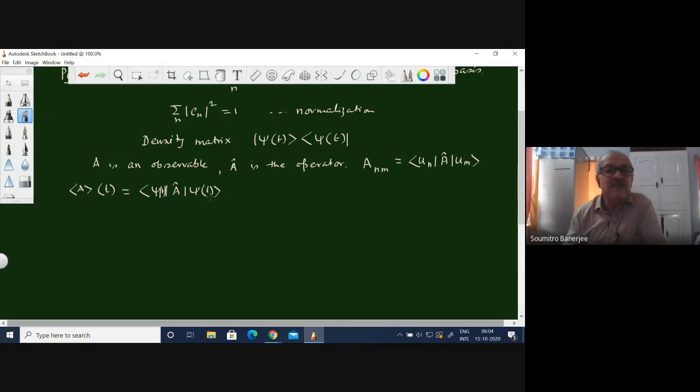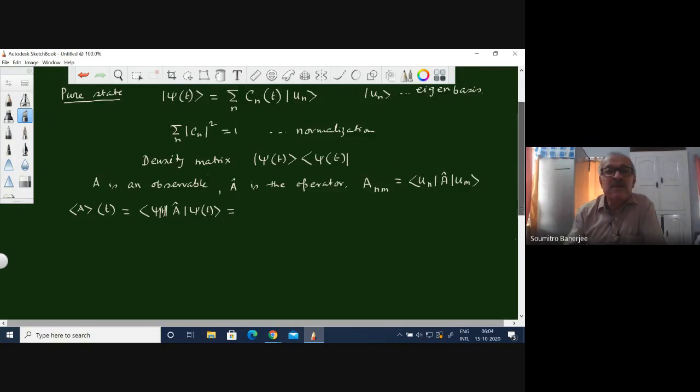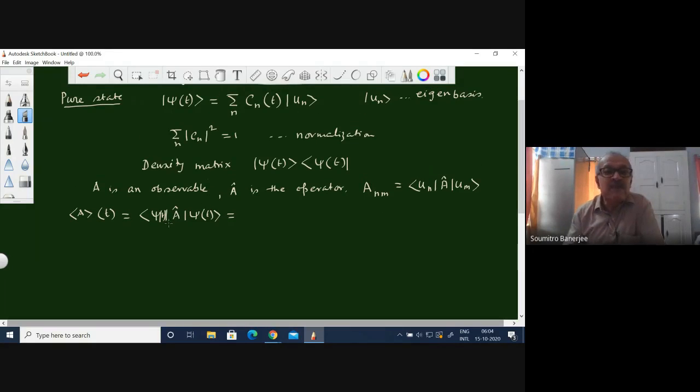So you have this as the expectation value, and if you now break it up, first you will have to break this. Now this is the coefficient operating on the ket. Here it is the bra, so you will need to take the star of it. There are two things, one on this side and one on this side, so I'll need to do two summations, over n and m. I'm just writing one summation sign.